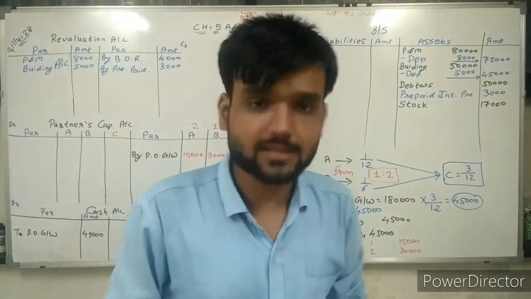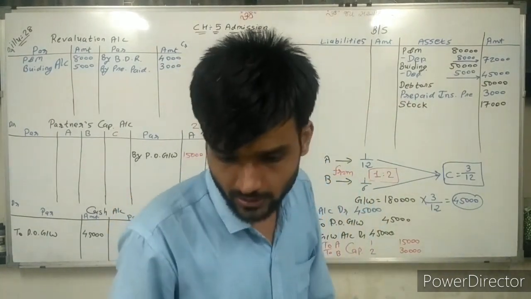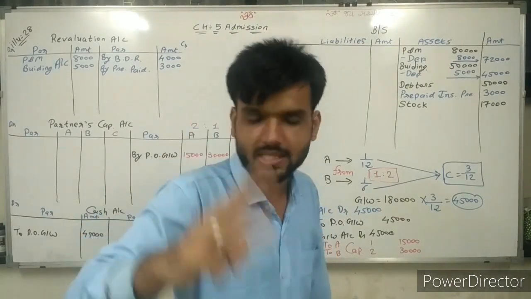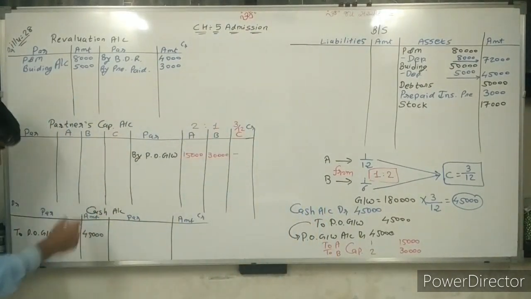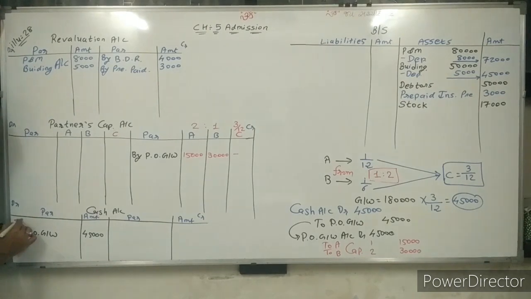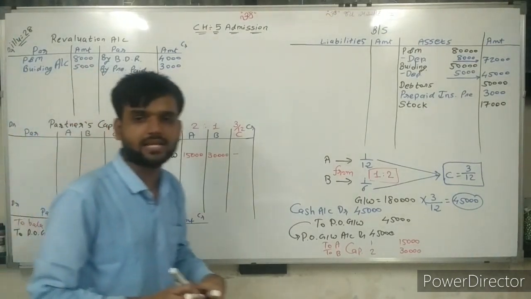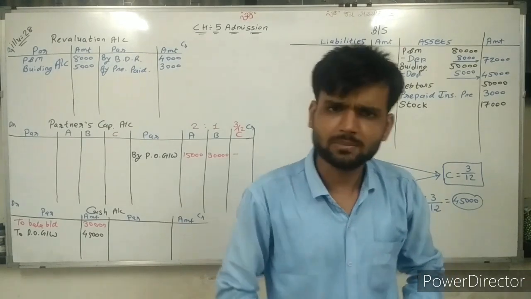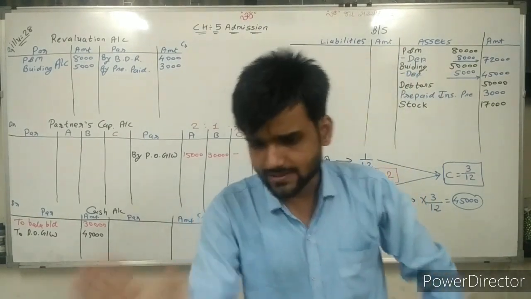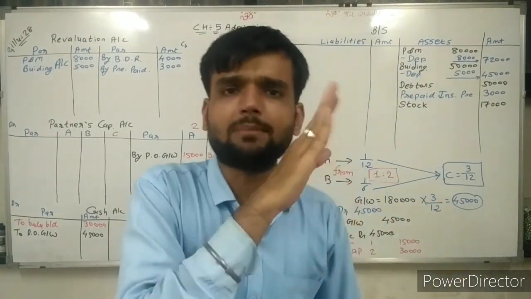Next, debtors, sir, written. Cash and bank balance 33,000, sir. All are ready. Simple. So the asset side is clear. Now going to the liability side.